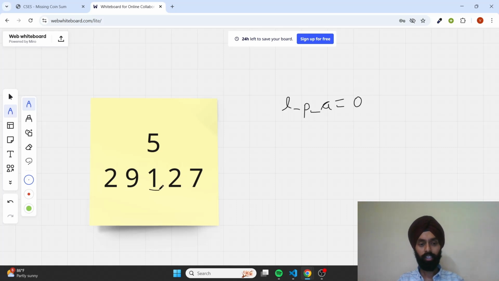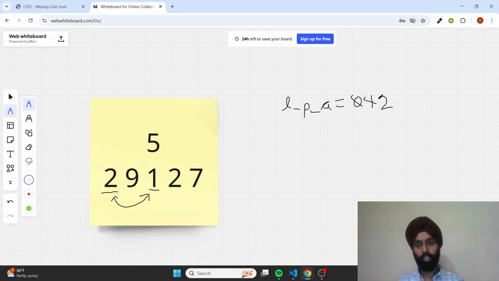Can we pay it? Yes, we can pay using the 1 rupee coin. Then can we pay the amount next to 1, which is 2? Yes, we can pay it using this 2 rupee coin. Then can we pay 3? Yes, we can pay amount 3 using a combination of both 1 and 2.